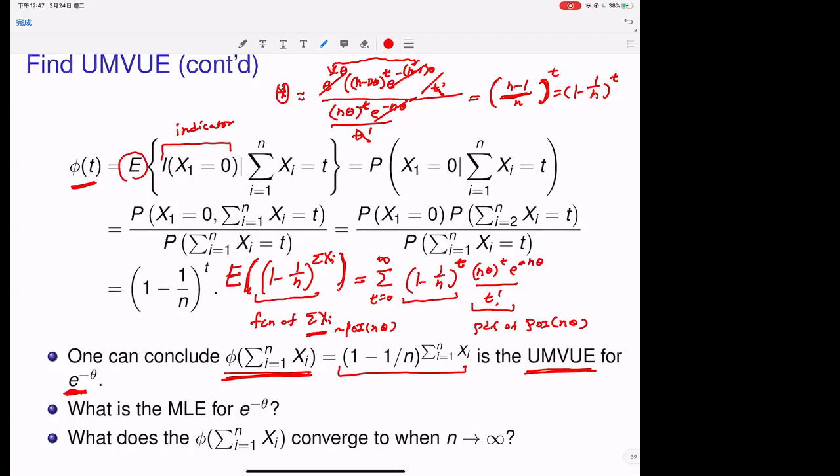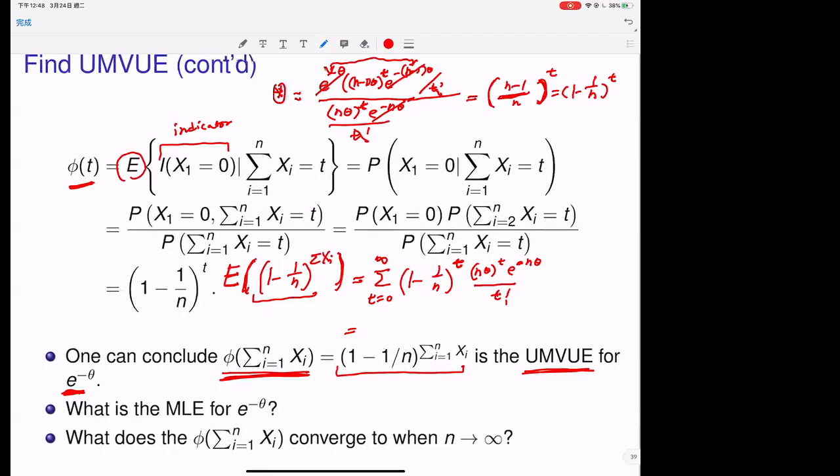But the point is, how do I handle the summation right here? The 1 minus 1 over n to the t, and the n theta to the t over t factorial, t from 0 to infinity. How do I handle that?